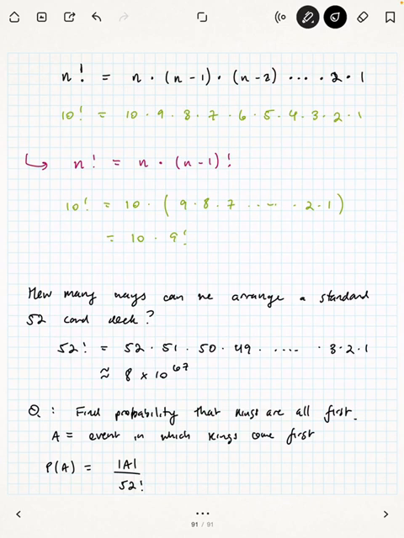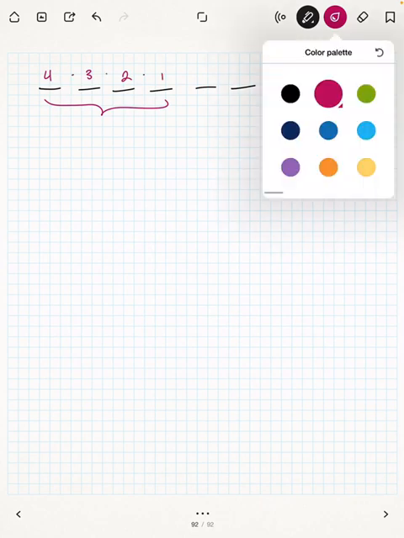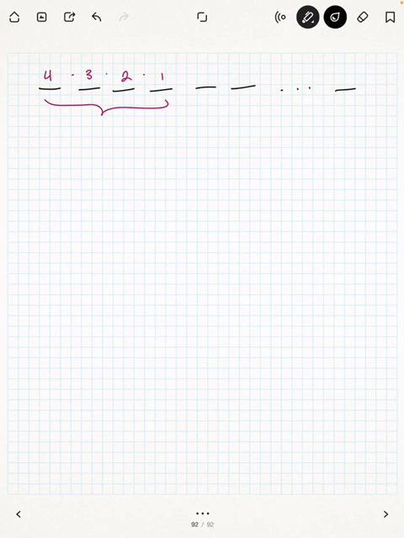Okay, so let's think about what that would have to be. We're looking at the spots for our 52 card deck. What do we have for the first four spots? We know the kings have to land here, right? So we have 4 possibilities here, 3 here, 2 here, 1 here. Now, what about the remainder?